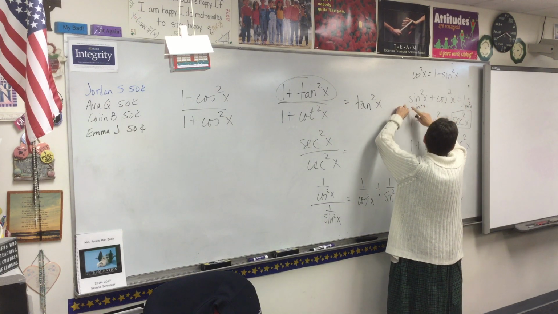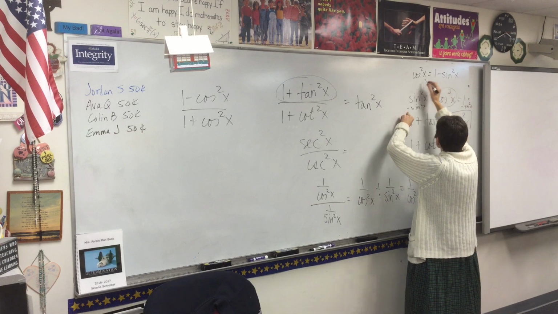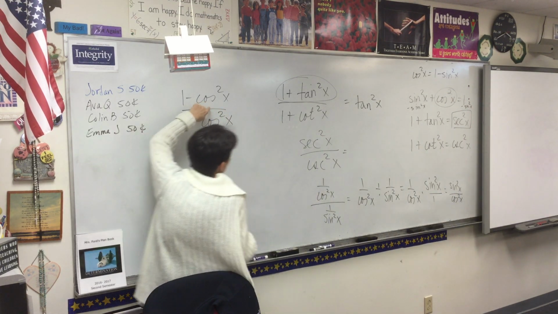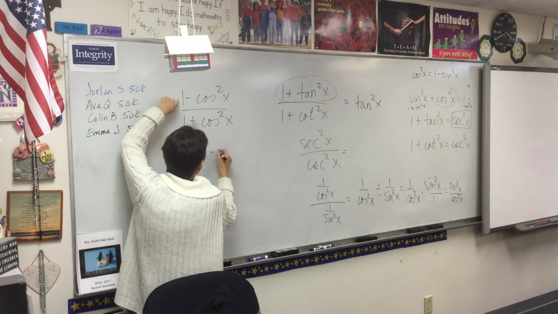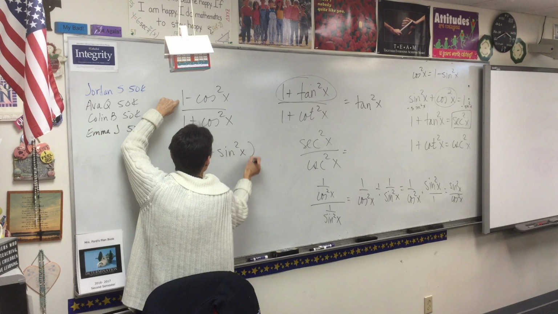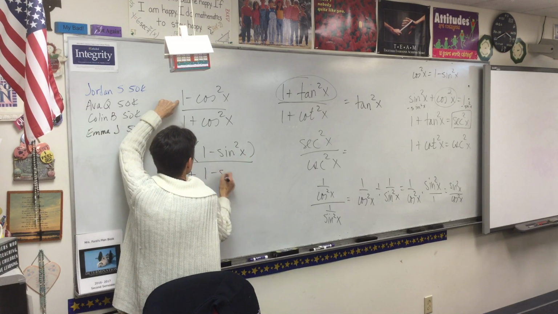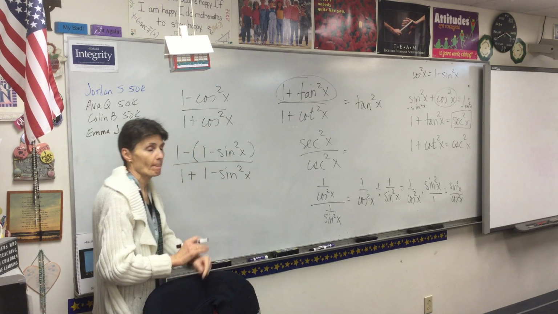Right here from this equation, I moved the sine squared over so that I could substitute for the cosine squared. So if I did that, I'd have 1 minus sine squared over 1 plus 1 minus sine squared, if I just went ahead and substituted for both of them.